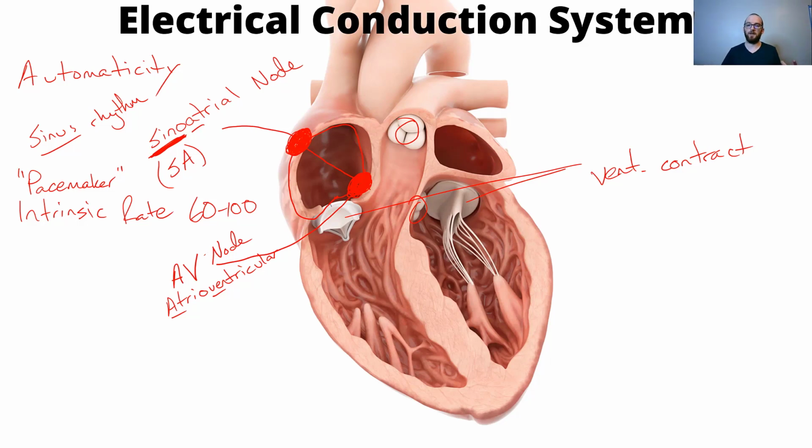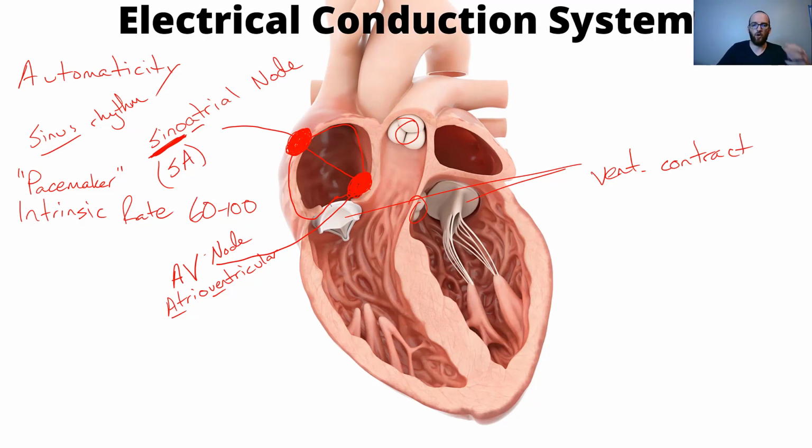So that's only working because there's a lag time, there's a delay, there's a holdup of that electricity that's allowing the contraction of the atria, and then the pause, and then that electricity goes down to the ventricles and it contracts the ventricle muscles. Okay?